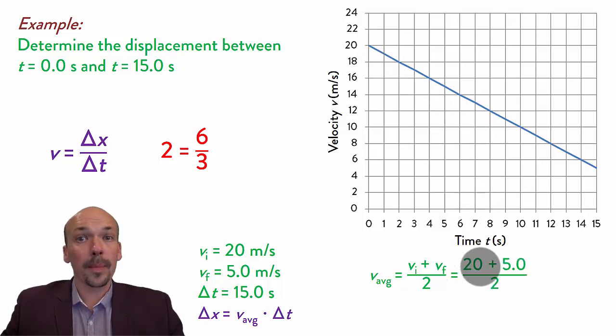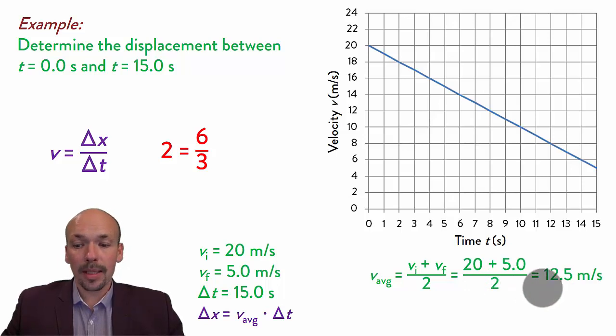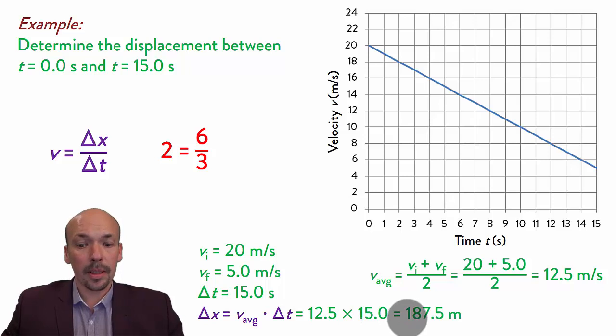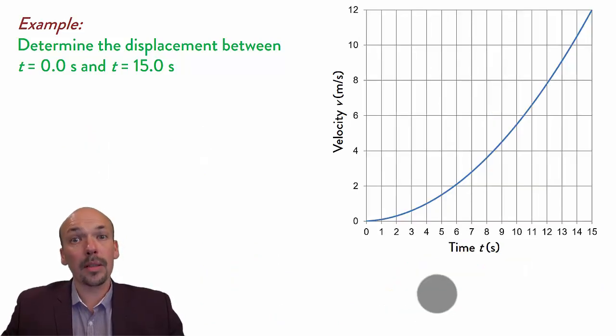So we have 20 for the initial velocity, 5 for the final velocity, divided by 2 is an average velocity of 12.5 meters per second. It will be in the middle of the 20 and the 5. Now we multiply the average velocity by the time, and we have a displacement of 187.5 meters.